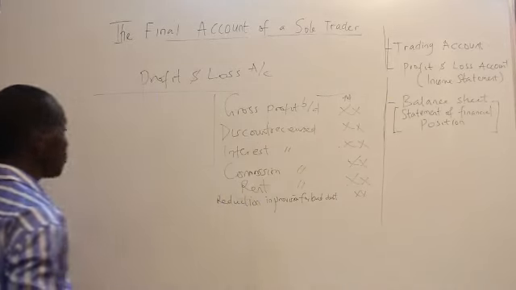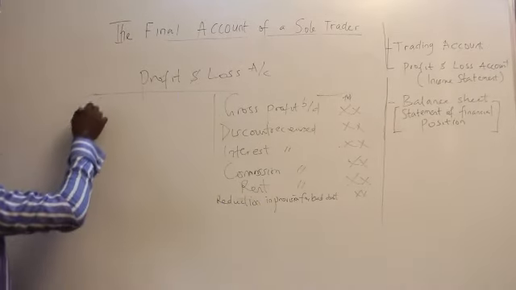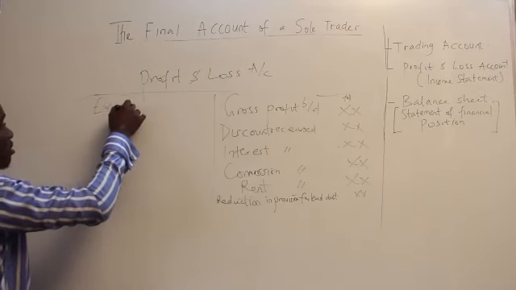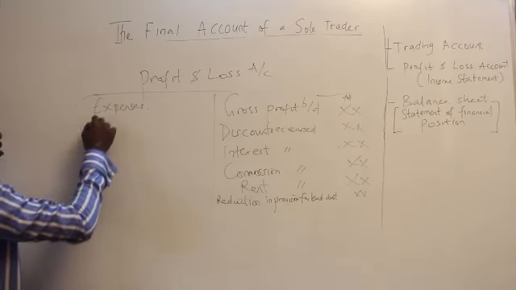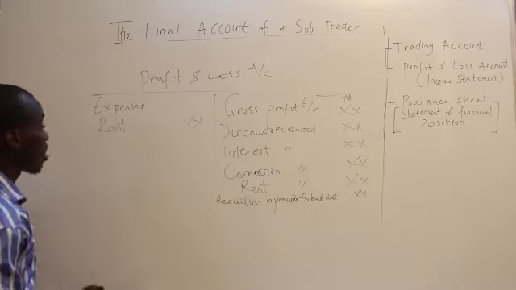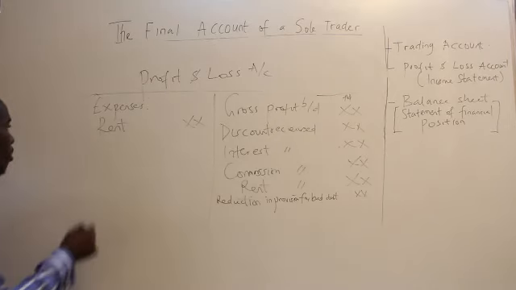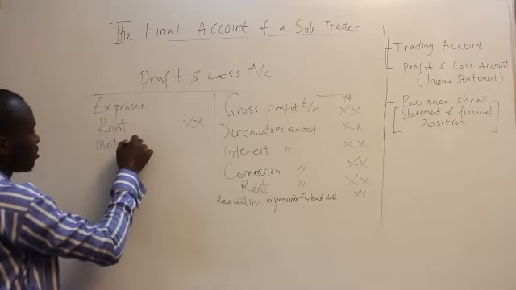So the next thing, let's have the income as in the trading account. So we can have the list of expenses in the period. So we can have rents paid in the period. So we can have motor expenses.